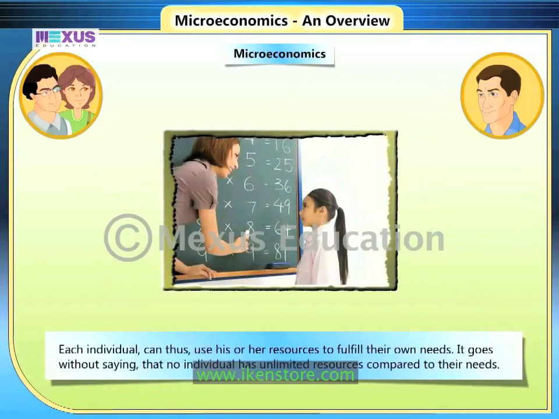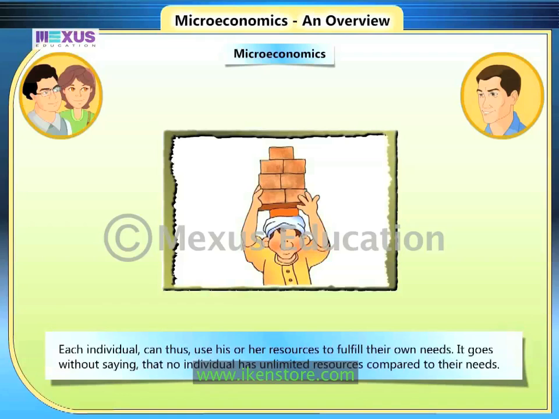For example, a teacher can earn money by teaching students in a school or education institutions and use the earning for obtaining the goods and services she wants. The laborer also can try to fulfill his needs by using whatever money he can earn by working for someone else. Each individual can thus use his or her resources to fulfill their own needs.